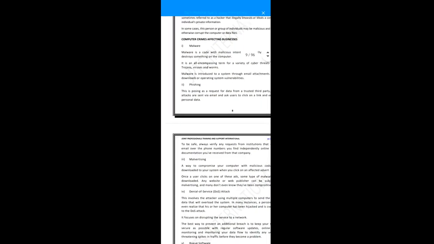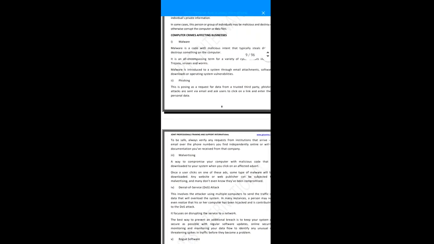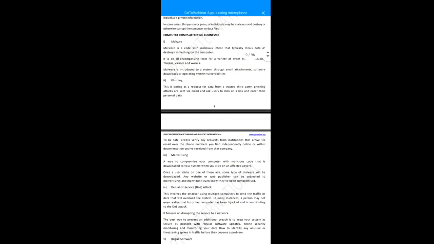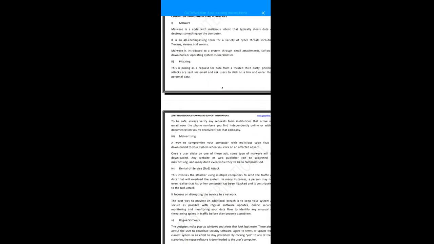Malvertising is a way to compromise your system with malicious code that is downloaded to your system when you click on an affected advert. Once a user clicks on one of these ads, some types of malware will automatically be downloaded. Any website or web publisher can be subjected to malvertising.